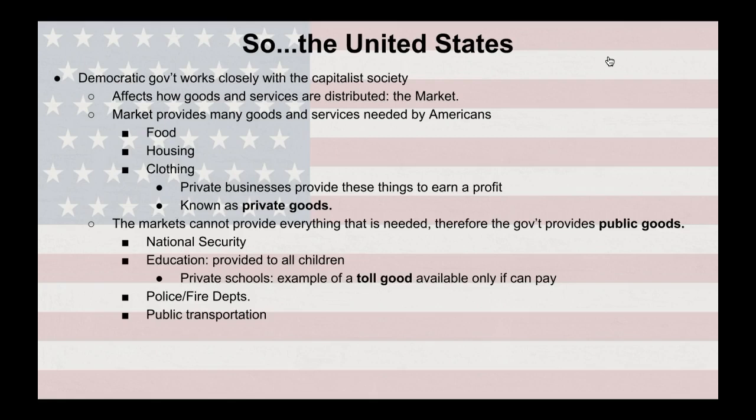You might have to pay a small fee to ride the bus or to take the subway, but the government provides it to people as a public good for the benefit of everybody. Same for public housing, mail service, and healthcare for low socioeconomic classes. So individuals who might rely on Medicaid and then Medicare for the elderly. This is a public good provided by the government for lower socioeconomic classes.